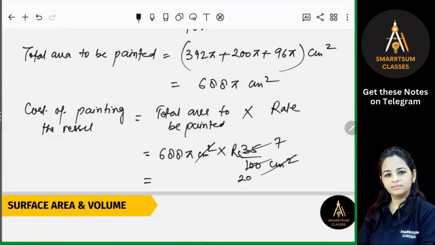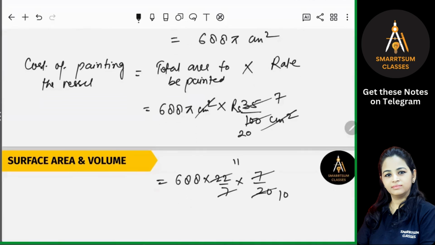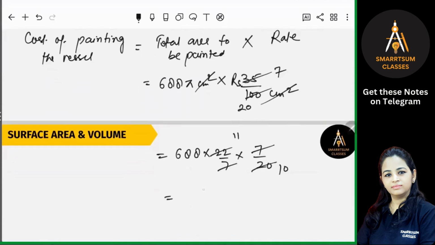We also have to put the value of pi. So let's write it down: 688 into pi, 22 by 7, into 35 upon 20. The 7 will cut, 35 we already solved, so this is 10 and this is 11. So this will become 68.8 into 11, that is 756.8, and this is in rupees.